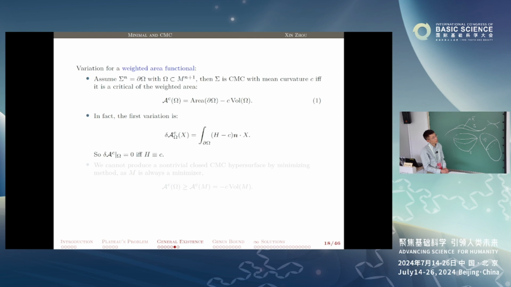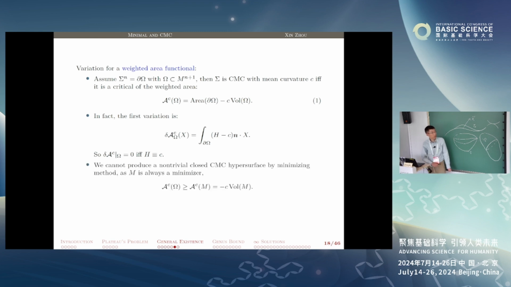This time, if you consider this functional but allow an arbitrary vector field X, vanishing of this first variation implies that H is identically equal to c. So that is the advantage of using this functional rather than doing an isoperimetric variation.